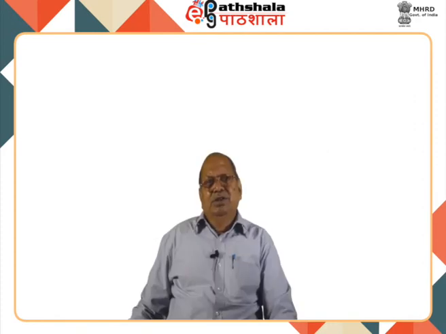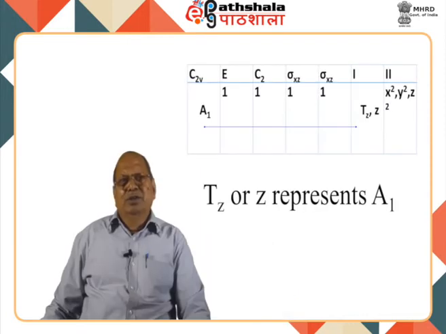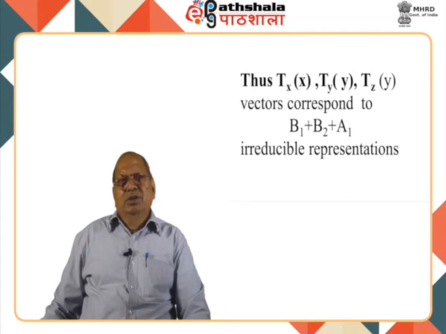Let us take the Tz or z translational vector and find the corresponding irreducible representation. Again, in this partial table, A1 is your Tz or z. Thus Tx or x, Ty or y, Tz or z vectors correspond to B1 plus B2 plus A1.